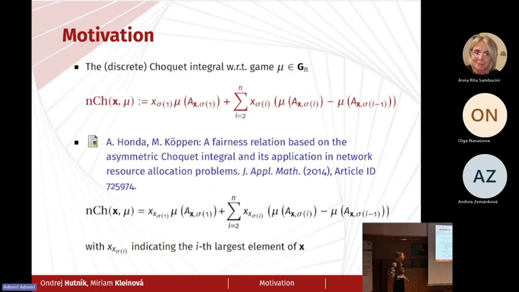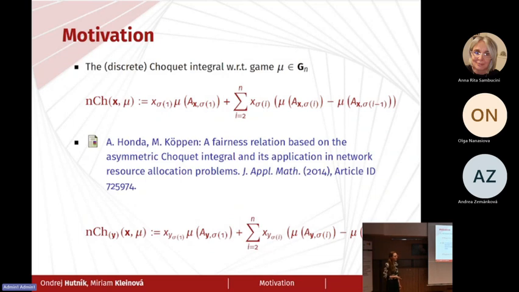In the article of Honda and Okazaki, one can find a slightly modified formula for the Choquet integral, where the authors emphasized that the permutation is tied with the input vector x. This idea they extended, and they considered an input vector y. Firstly, they rearrange vector y in non-increasing way, and then this permutation is used for input vector x.